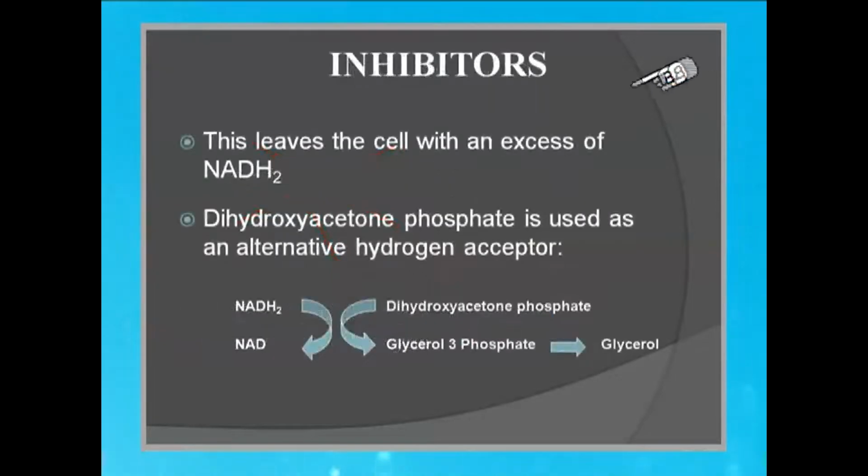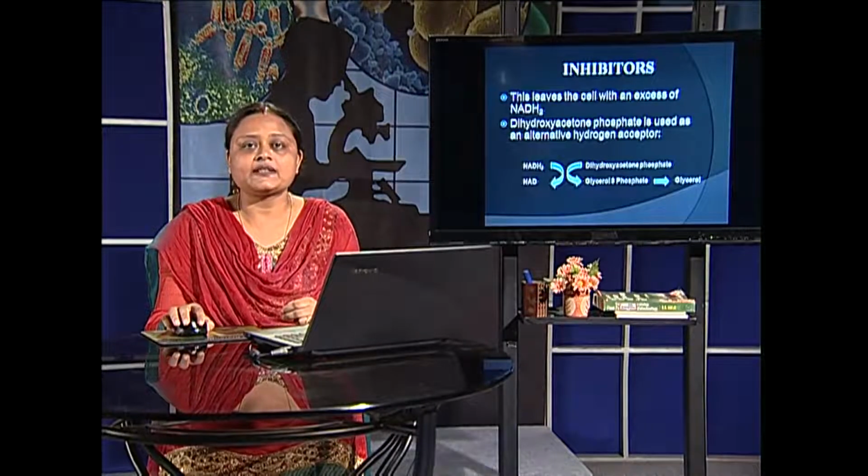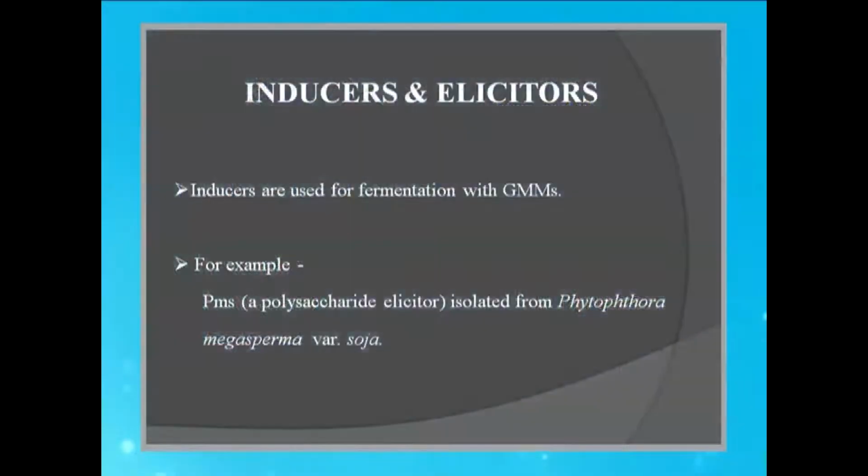Then what happens is the dihydroxyacetone phosphate utilizes the NADH2 to give us glyceraldehyde 3-phosphate and so we can get glycerol. So it is very interesting to note that with inhibitors we can get glycerol from Saccharomyces cerevisiae, while Saccharomyces cerevisiae is generally known to give ethanol. Then we have inducers and elicitors, and these are very commonly used with most often genetically modified organisms.